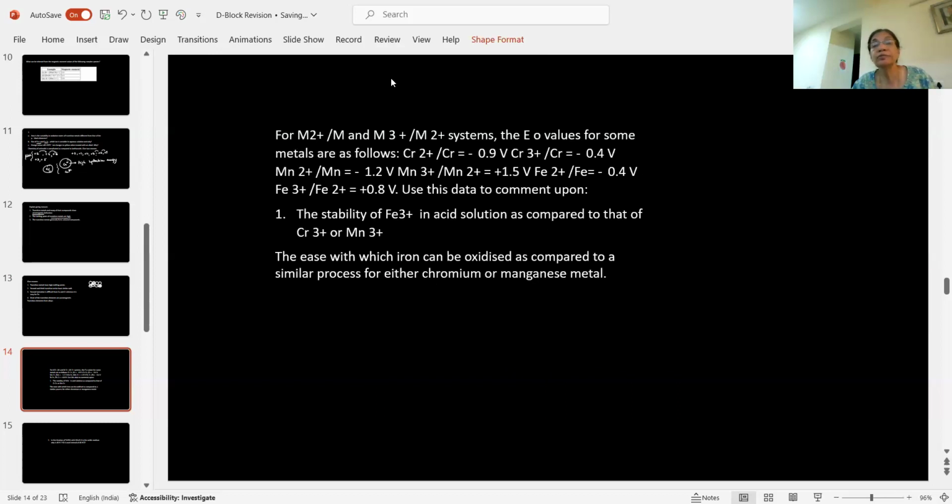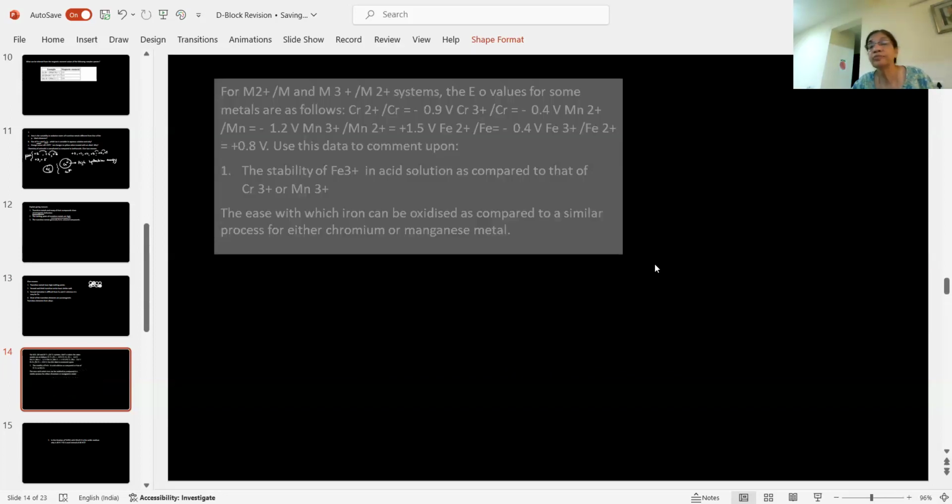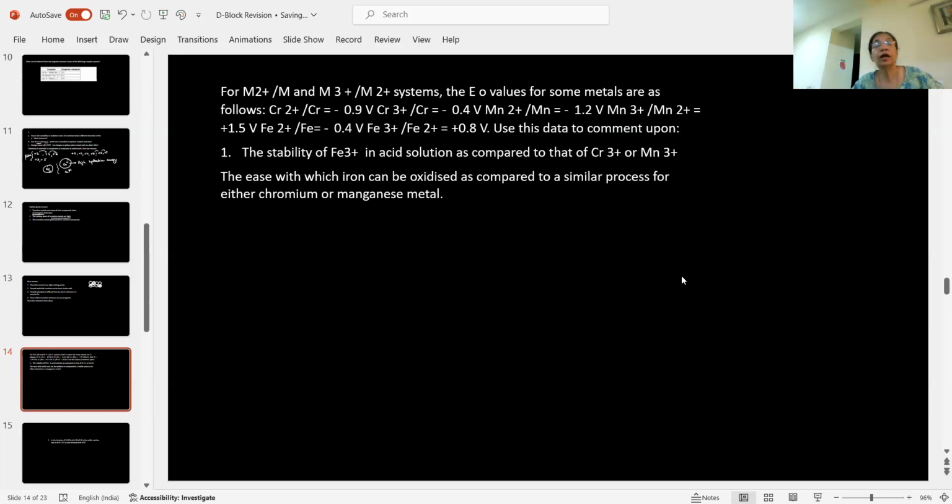Then this question: for M2+ to M and M3+ to M2+ systems, E0 values of some metals are given. Use this data to comment upon the stability of Fe3+ in acidic solution as compared to chromium or manganese 3+.